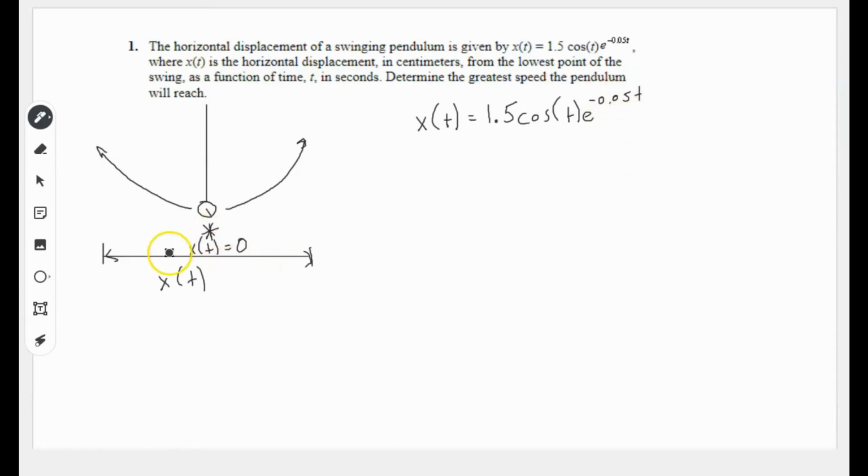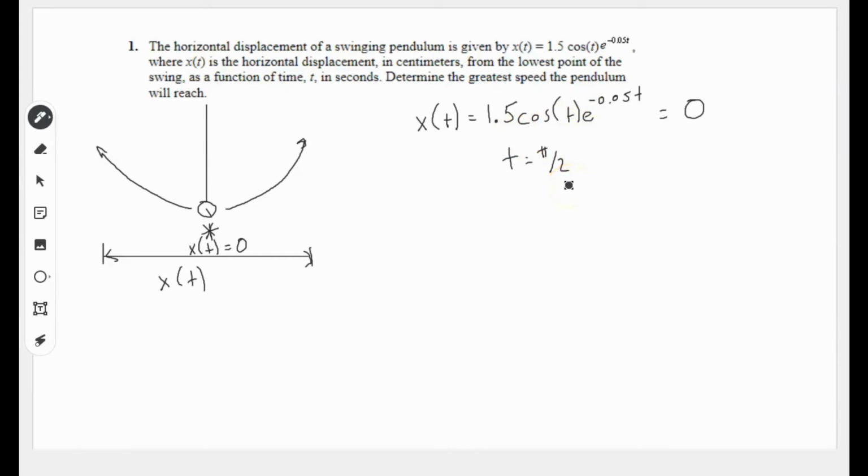So speed will be a maximum at this point. And so when does this equal 0? When is this true? Well, it looks like that's going to be true when t equals pi over 2. Because if you have pi over 2 right here, cos of pi over 2 is 0. So that's when it's going to be true.